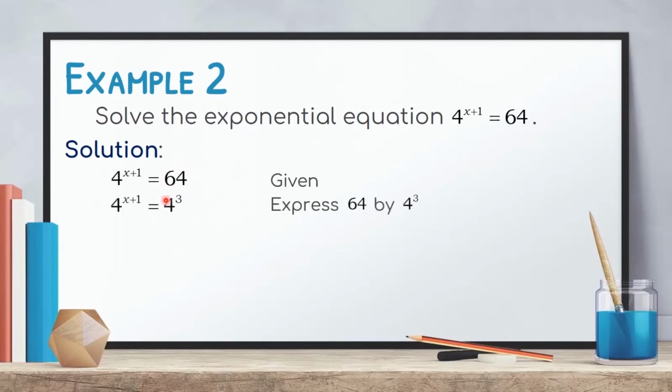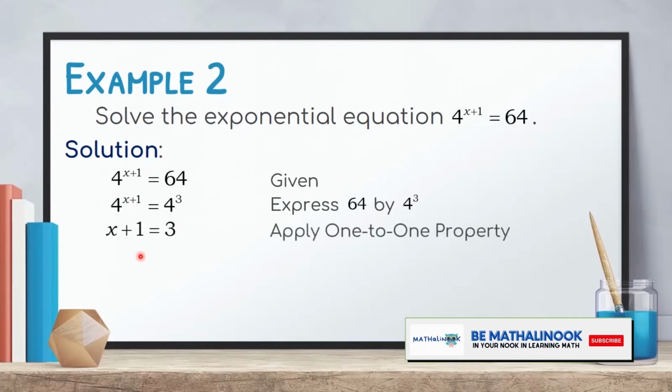It will be 4 raised to 3 because when we multiply 4 to itself 3 times, the answer will be 64. Since the bases are now the same, we can apply the one-to-one property and equate the two exponents. So we will have x plus 1 equals 3.